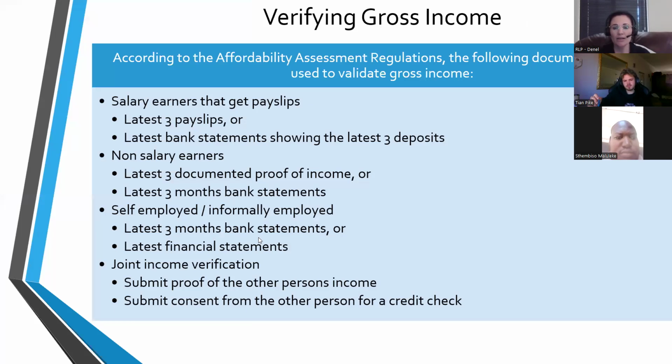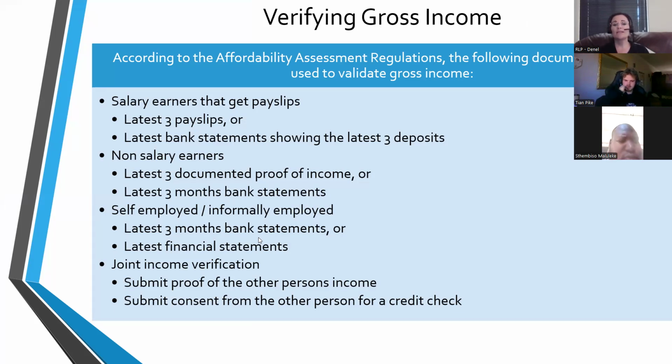Okay, so when verifying gross income, if it's a salary earner, they'll ask for the latest 3 payslips and the latest bank statement showing the last 3 deposits. If it's a non-salary earner, they'll ask for the latest 3 documented proof of income or the latest 3 months bank statements. If the person is self-employed or informally employed, they'll ask for the latest 3 months bank statements or the latest financial statements.